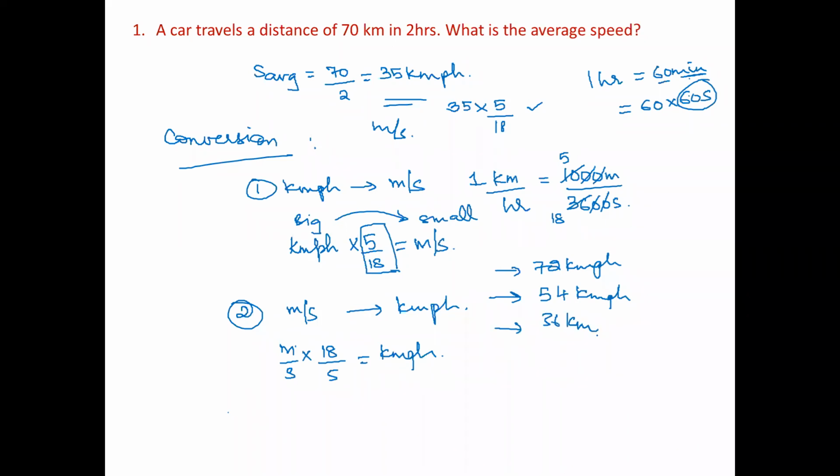72 kilometer per hour is 20 meter per second. Do all at once, we'll discuss.